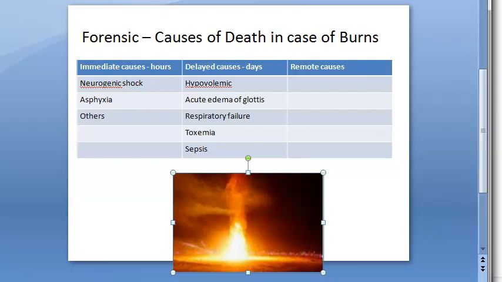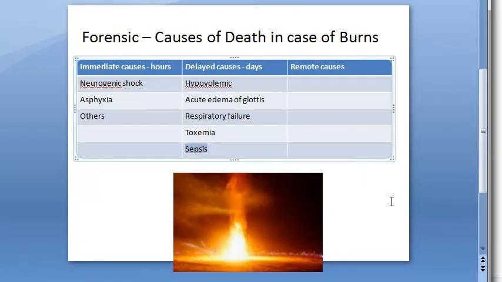Septicemia can be caused by burn wound infection, Pseudomonas aeruginosa, other gram-negative bacteria and even Staphylococcus aureus, pneumonia, UTI, urinary tract infection, following catheterization, infected IV lines, infection of skin donor sites.